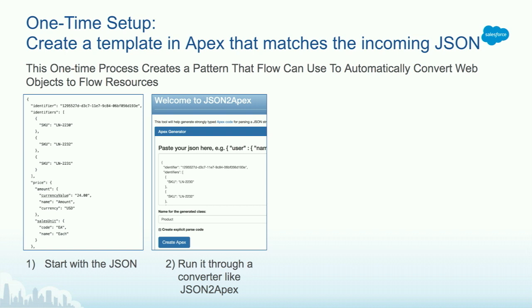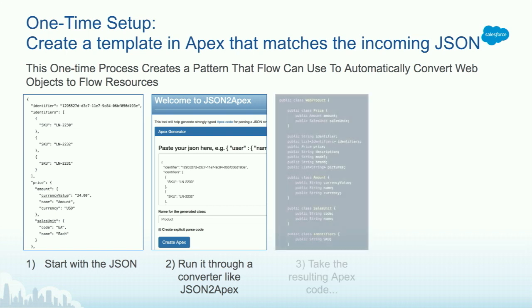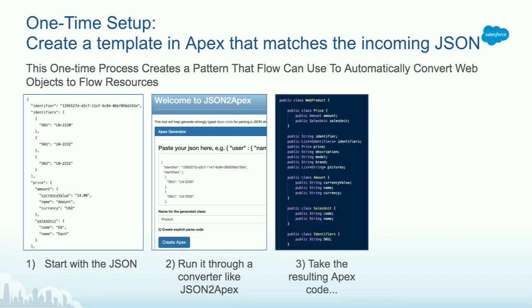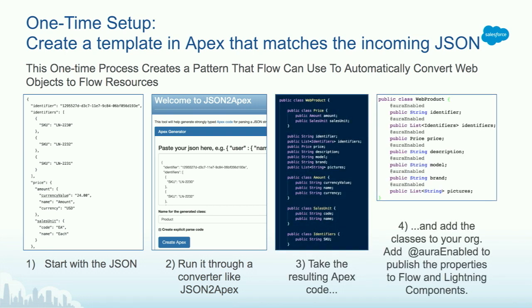Once you do this, you thereafter have the Apex, and you take that Apex, you save it into Apex classes, and the final piece that you do here is you add that Aura-enabled attribute, that annotation that basically allows Apex to inform Flow what parts of the Apex object can be accessed in Flow.